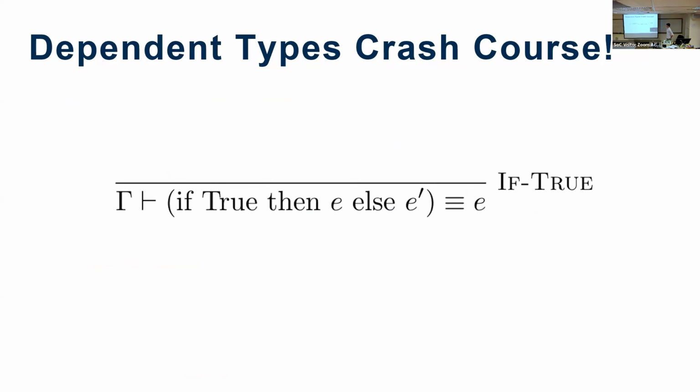So you might then wonder, how do we know if two expressions run to the same value? We're going to introduce a few rules. One of them looks like this. This says that if you have an if expression where the predicate is true, then we can judge that to be equal to E, which is the expression in the then branch.